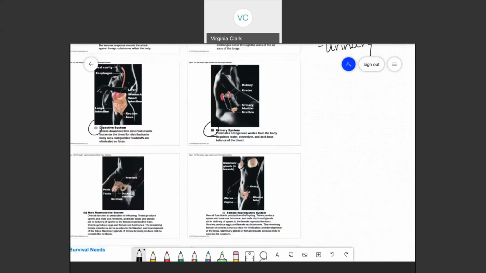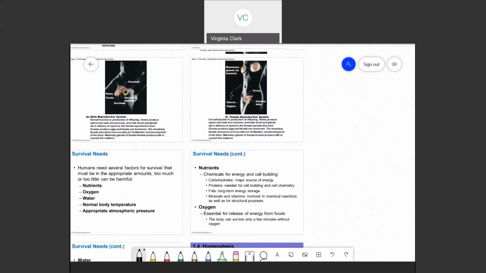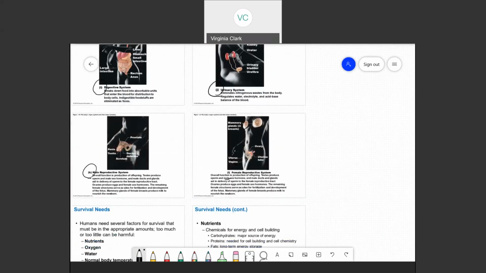All of the systems we've talked about so far are the same, whereas in these last two systems, there are two different branches. So within the reproductive system, there is the male and the female. They have different structures. Remember, structure determines function. So if they have different structures, they also have different functions. So reproductive as a whole will have two different categories.